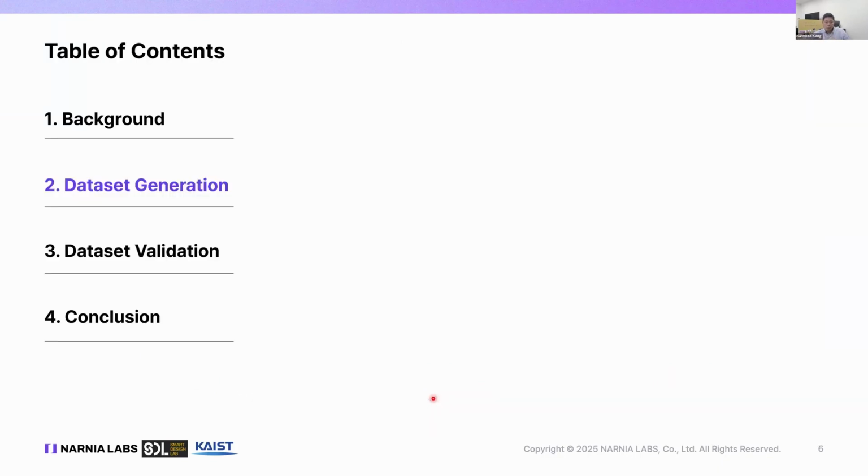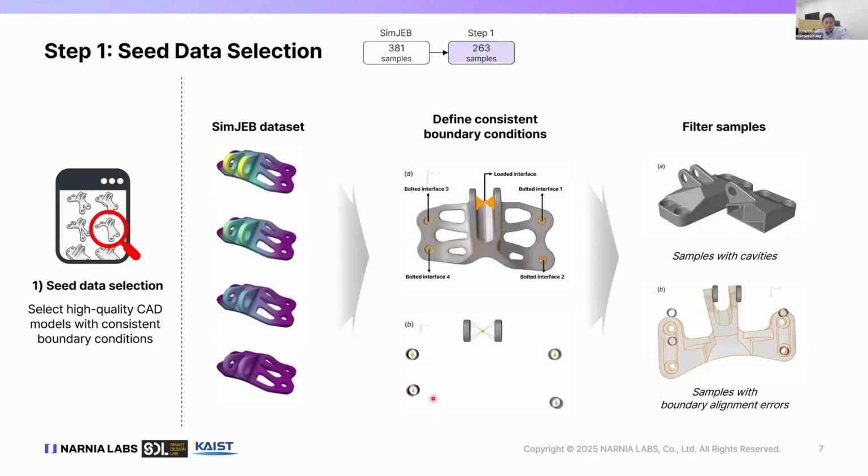Now let's dive into the specifics of our dataset generation process. The process begins with step 1, seed data selection. We started with the 381 samples from SimJEB and filtered them to ensure quality and consistency.